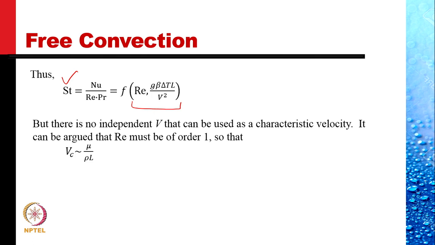So as a result, we can set Reynolds number to be order 1 so that it gives you an idea of what should be the characteristic velocity.